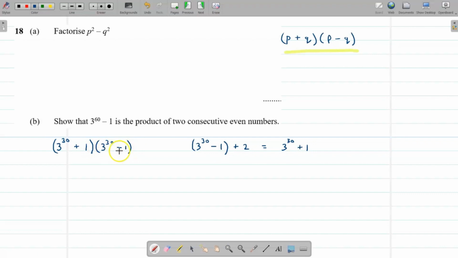So in other words, one term is 2 more than the other one. So that is 2 more than that, and that's it.